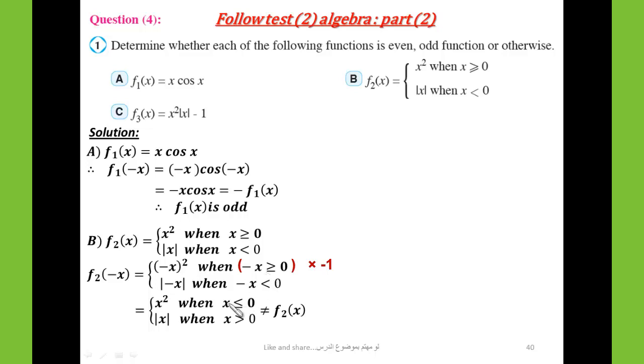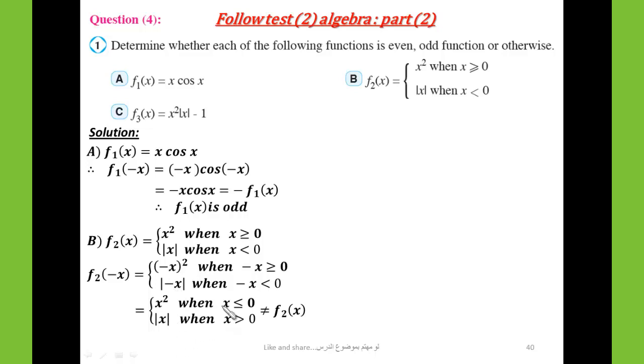So it will be x less than 0, and the absolute of negative x equals the absolute of x. For example, if you have absolute of negative 2, you will get absolute of 2. It is the same, equal.